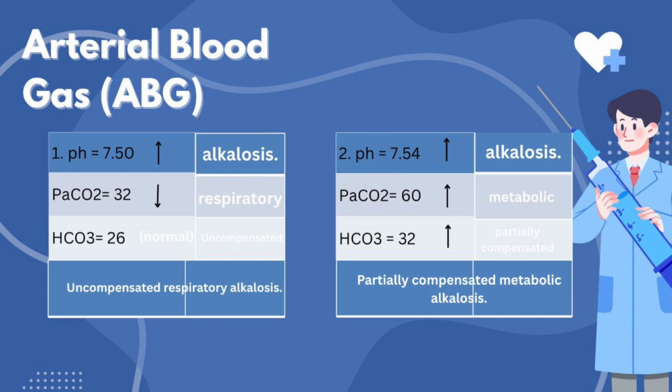The bicarbonate is high, same direction as pH, which means metabolic alkalosis. Lungs are holding on to carbon dioxide to try to make the blood more acidic and balance the alkalosis. pH is still abnormal, so compensation is incomplete. So the answer is partially compensated metabolic alkalosis.